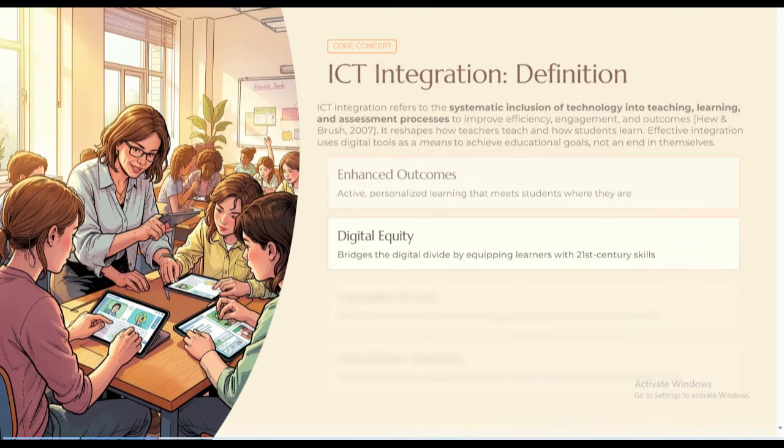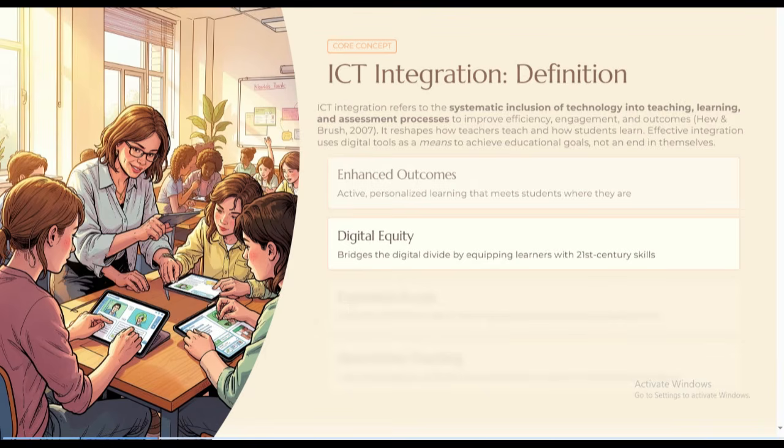So, we talk about ICT integration. We are talking about the systematic inclusion, that is the incorporation of technology into your teaching, learning, and assessment processes to improve efficiency, engagement, and outcome.